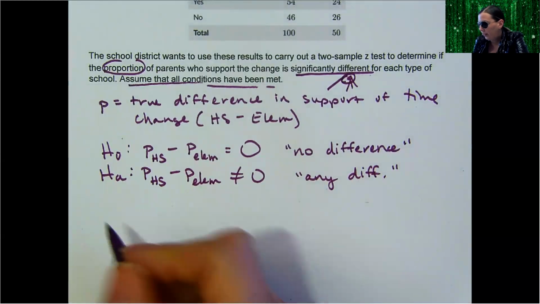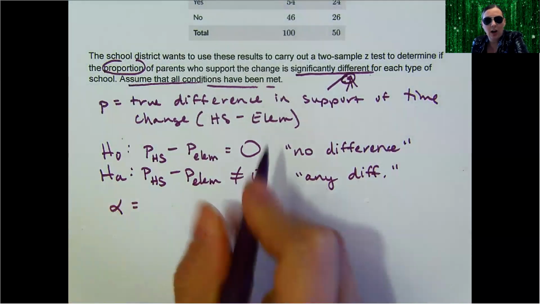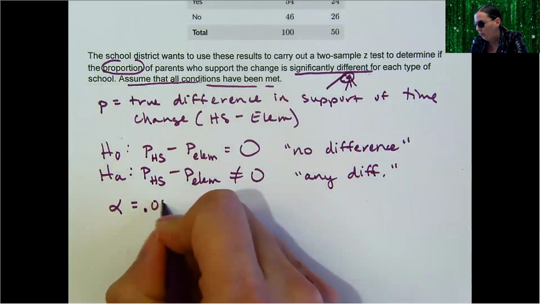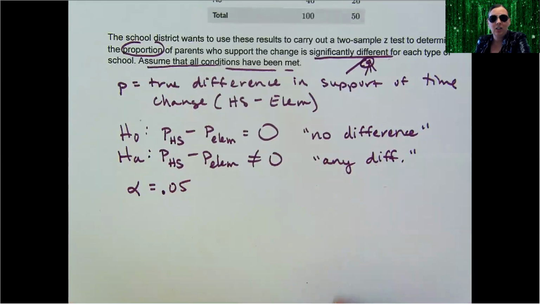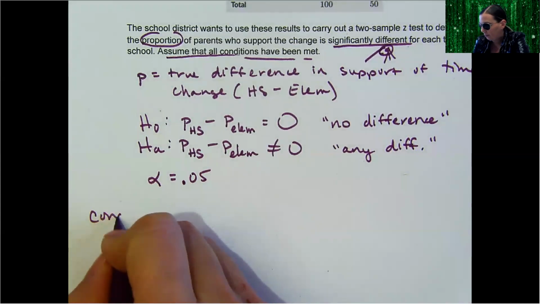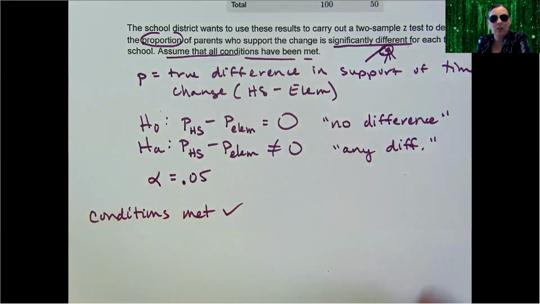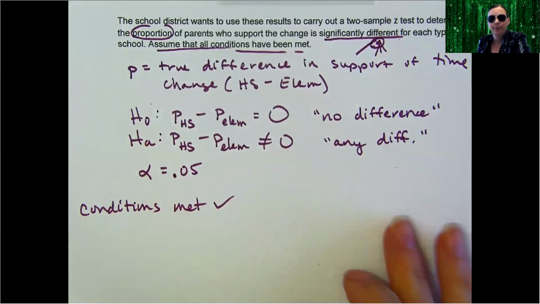There is no alpha level provided. If there is no cut score, alpha significance level, we will just use 0.05 by default. Conditions have been met. So I'm ready to proceed to the formula.